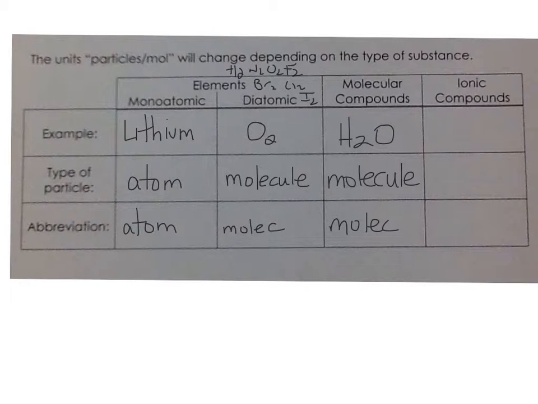An example of an ionic compound, sodium chloride. The particles for an ionic compound are called formula units. And the abbreviation for this is FU.